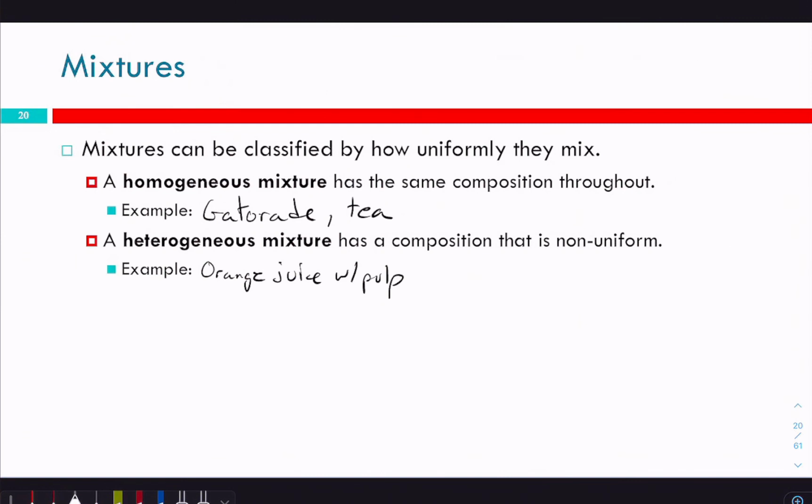But yeah, like tea or coffee, unless you go to Starbucks and get a macchiato or something, and then it's going to be heterogeneous until you mix it. So yeah, tea, coffee.